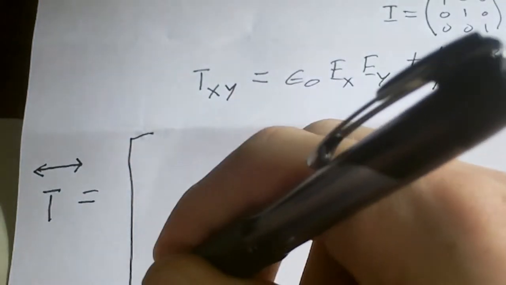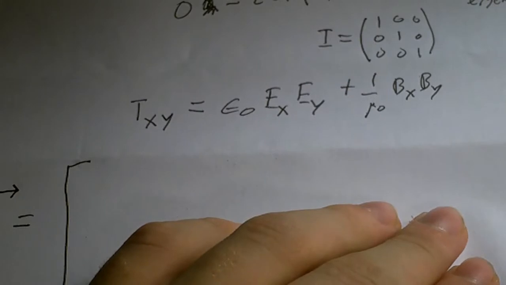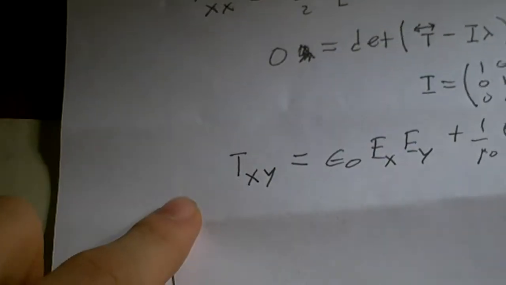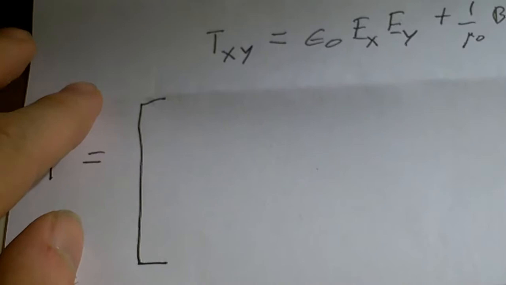So now I'm going to write the general Maxwell stress tensor. It's this really big matrix. We found Txx, which is pretty long, so I'm going to try to zoom in so you can see.